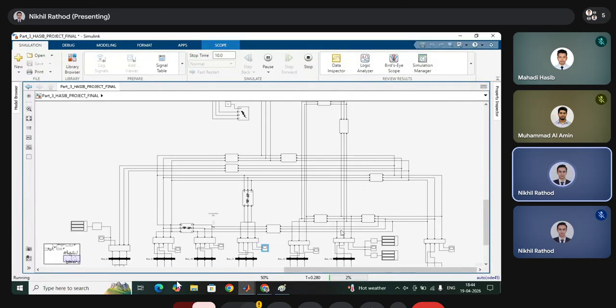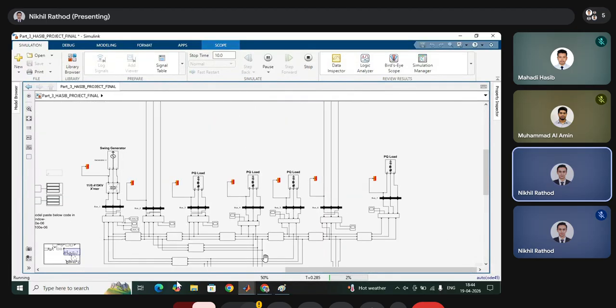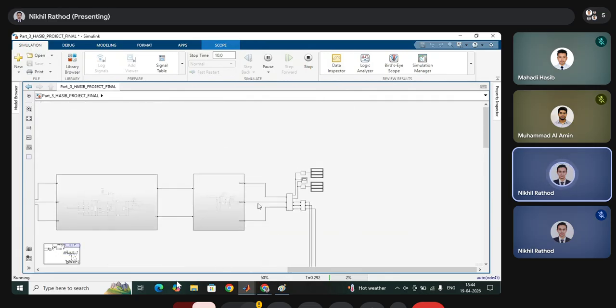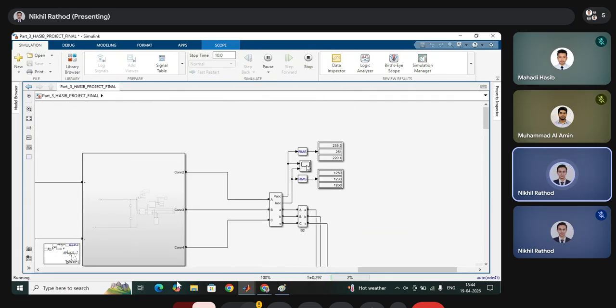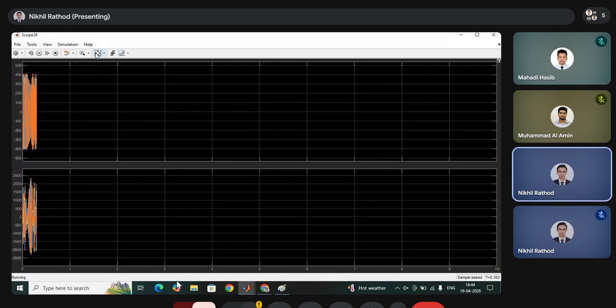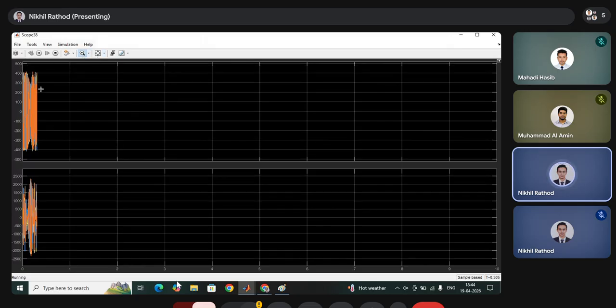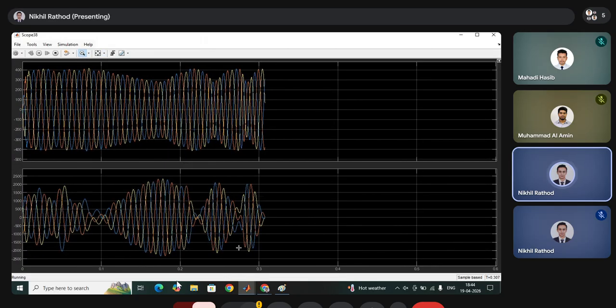And what about the sources, like the battery and the solar generation? Sorry, the generation. Due to this synchronization, these types of frequencies are coming.